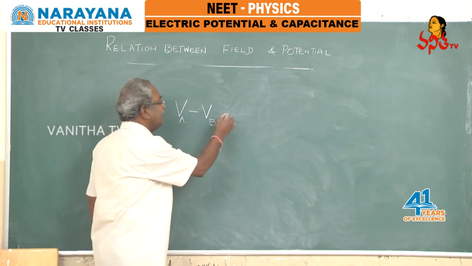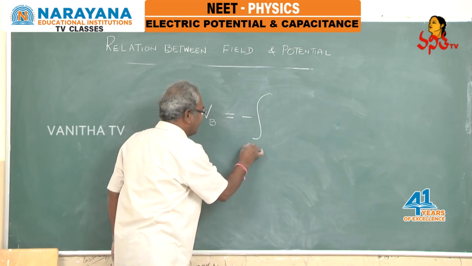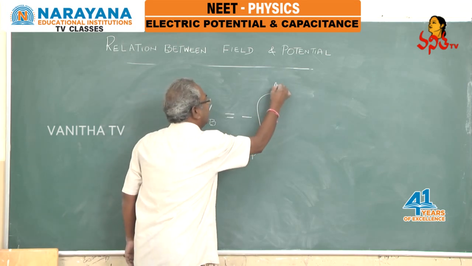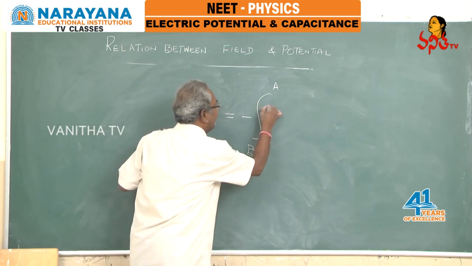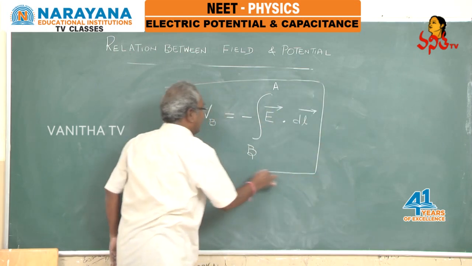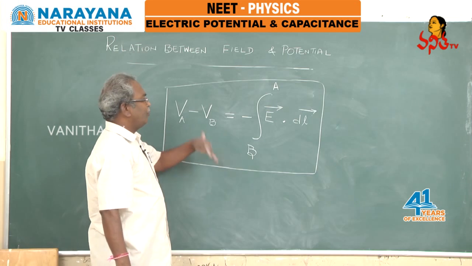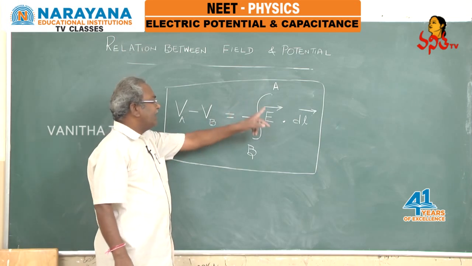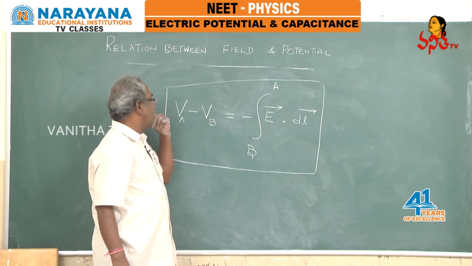VA minus VB is equal to minus the integral from B to A of E bar dot dL bar. That is, if you travel from B to A in the direction of electric intensity as the reference, electric potential decreases.